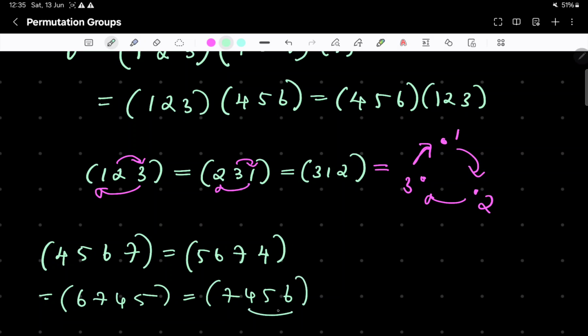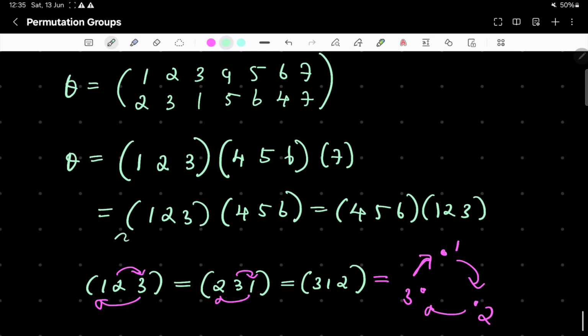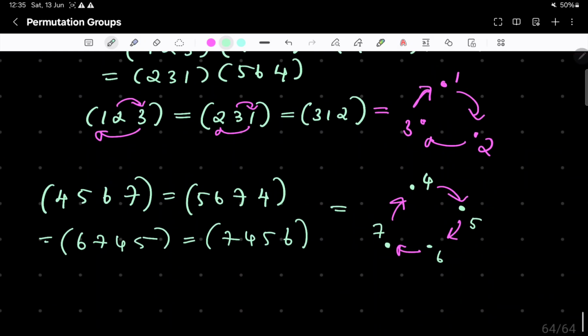Then you repeat 4 5 6 7. Why are they all equal? Because if you draw the graph of 4 5 6 7, the graphs of all these cycles are the same. So cyclically permuting will be the same. That's why you can write it in this fashion also, no problem. They are all the same. Okay. So this is the idea of cyclic notation.